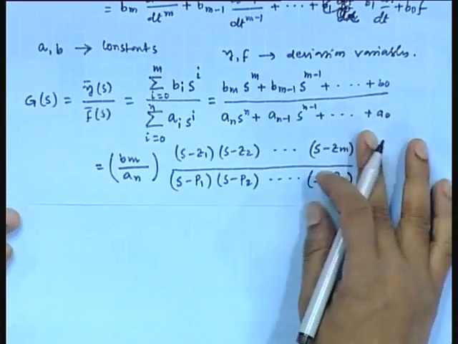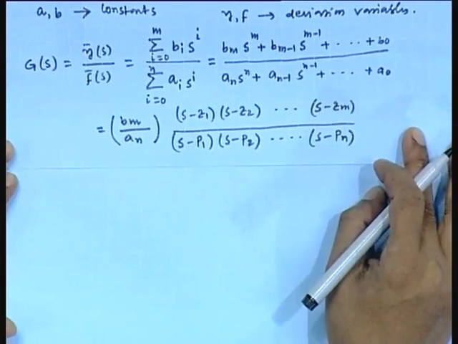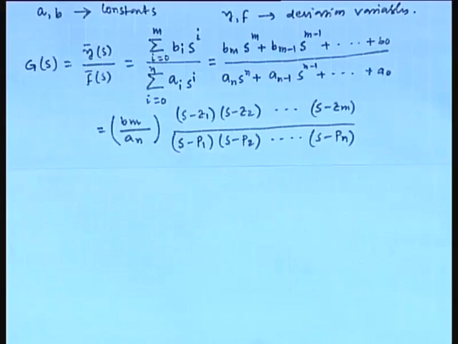Fine. This is the general form of the transfer function. Here all z represent the zeros and p represents the poles.